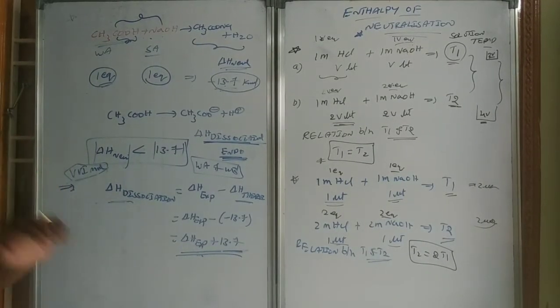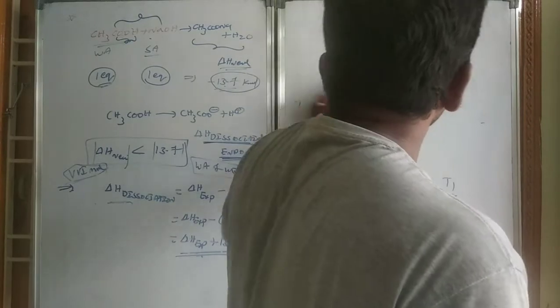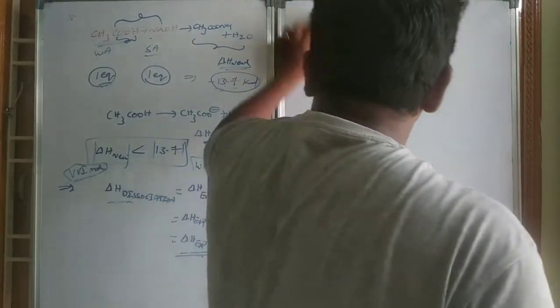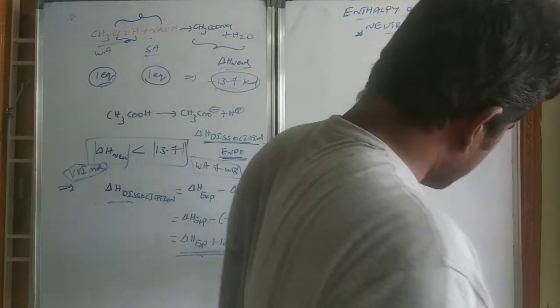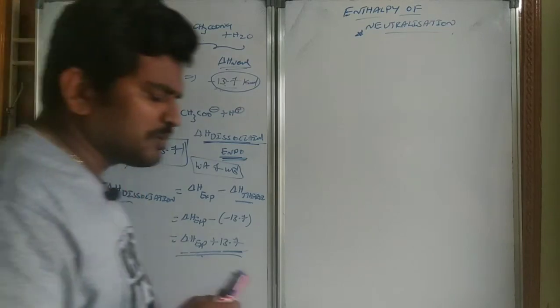From this enthalpy experimental, we can have another application. What is that another application? This is a very important application. I was always mentioning from the start onwards very important, because the significance of this topic is that much.